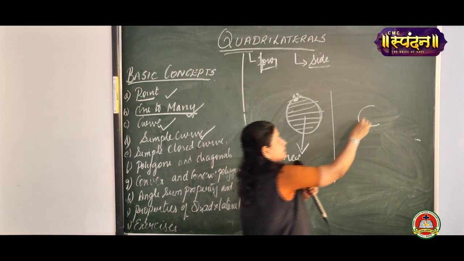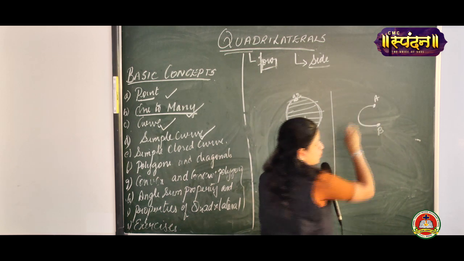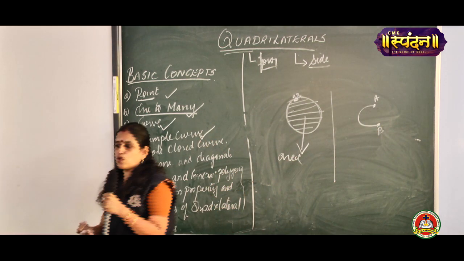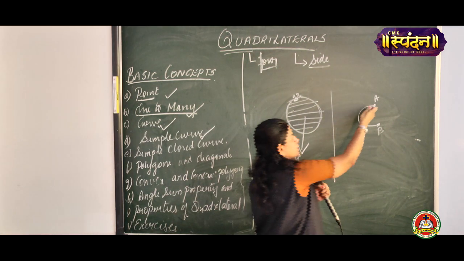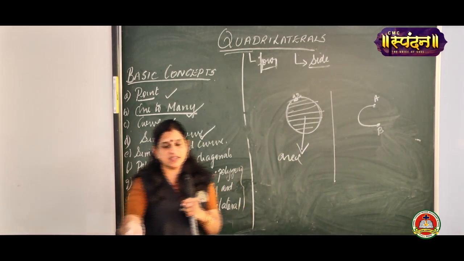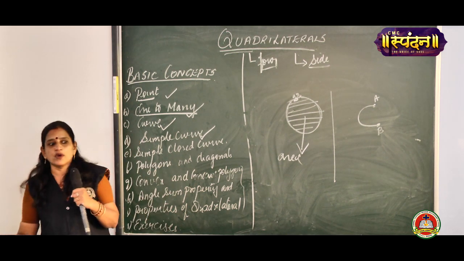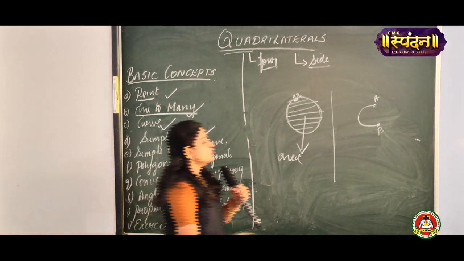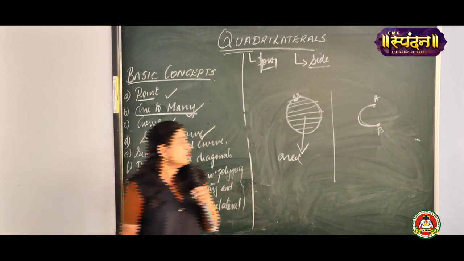What about this figure? Here I am able to visualize both the starting point and the ending point separately. So whenever you are able to analyze or identify or visualize both the starting point and the ending point separately, you call this curve an open curve.